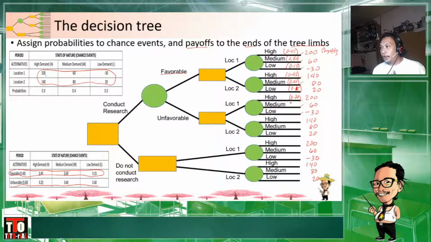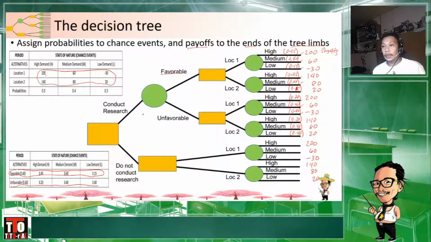The chance of a medium demand on an unfavorable market is 0.40, as well as low demand. Same with location 2. Yes, 0.40. So, there it is. We have now completed the probabilities of the payoffs in both favorable and unfavorable market situations.